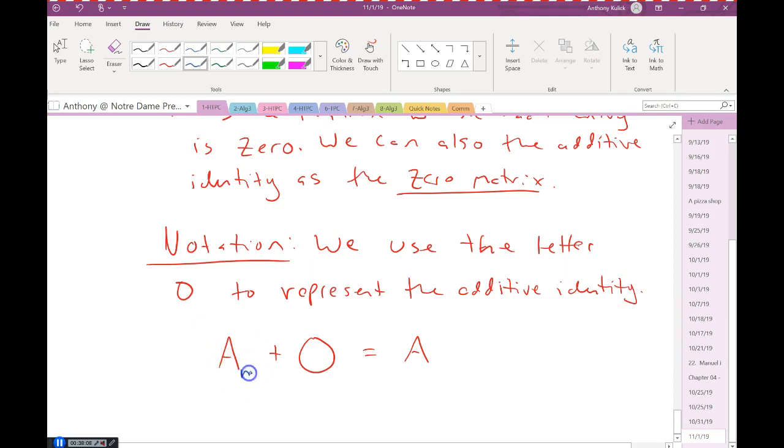So often what we'll do is include the dimension as a subscript on these letters to indicate to the reader that we're just adding two things with the same dimension. But when it's not clear that the dimensions have to be matching, we can do that to add a little bit of specificity.